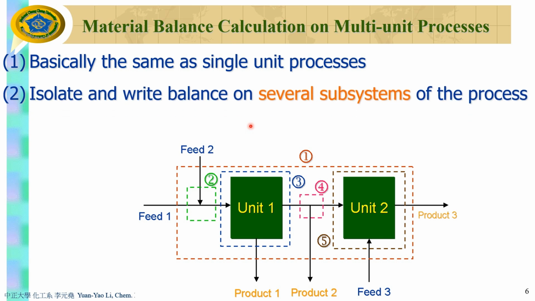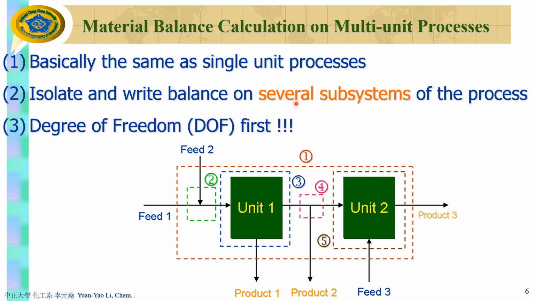So isolate and write balances on several subsystems of the process. And then do the degree of freedom analysis first. Because with a single unit process, it's easy to do DOF. But if you have 4 units in these processes, it might be more complicated to do the calculation. And you need to do degree of freedom analysis first.